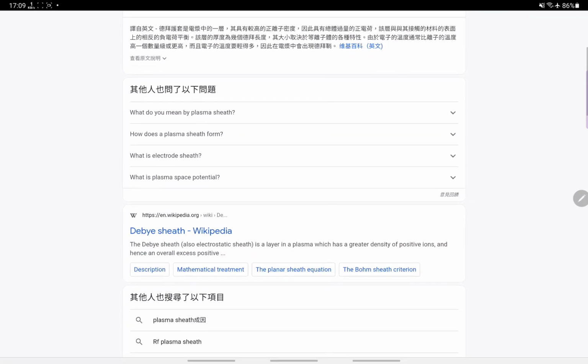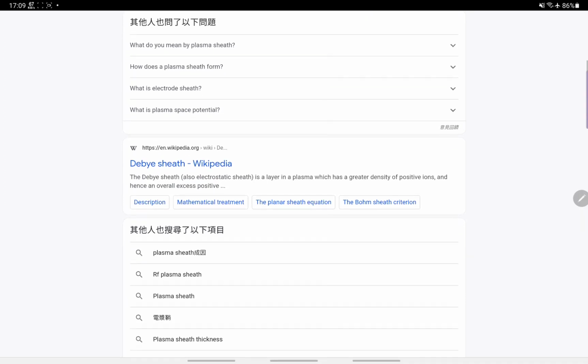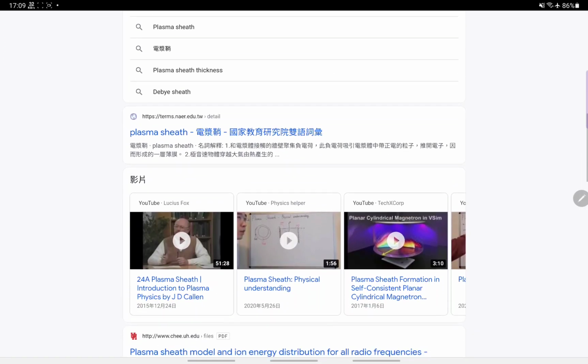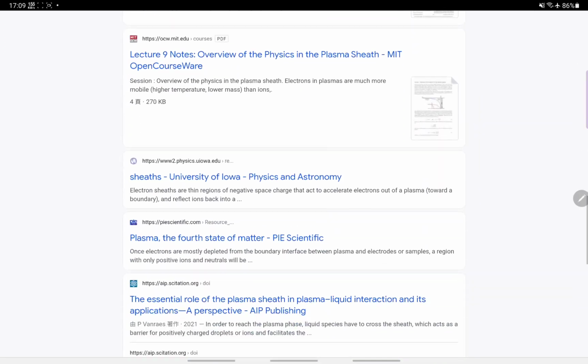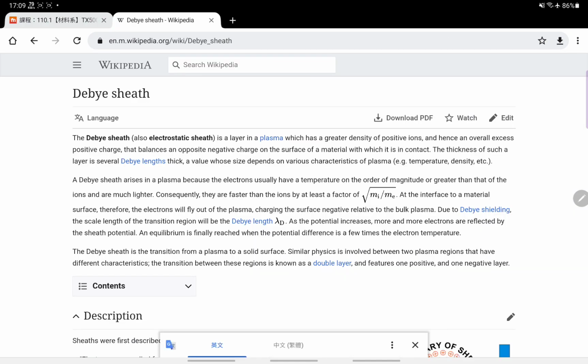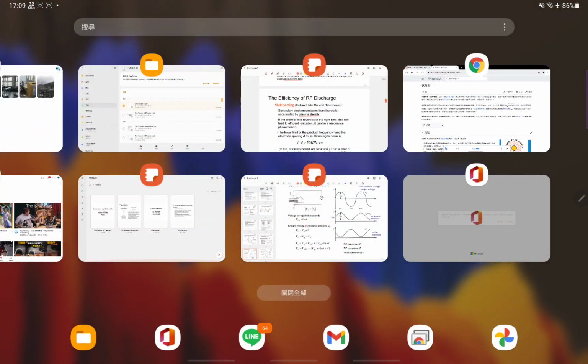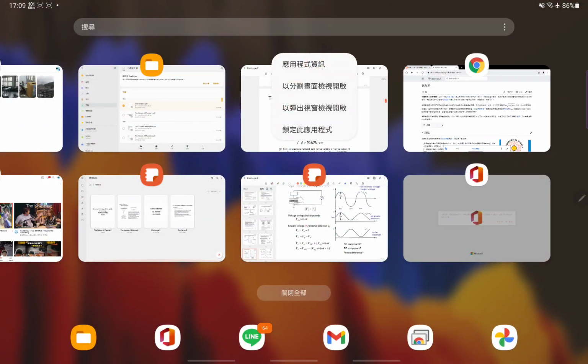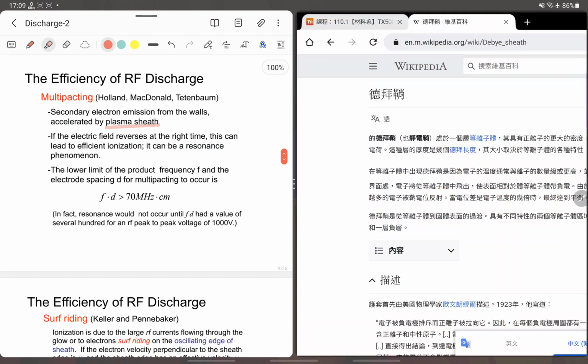Okay. And here is the last sentence said here. So actually, the peak-to-peak voltage needs to be as high as 1,000 volts to promote the multipacting effect.